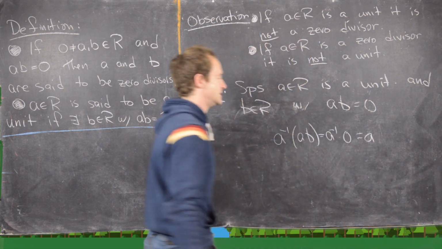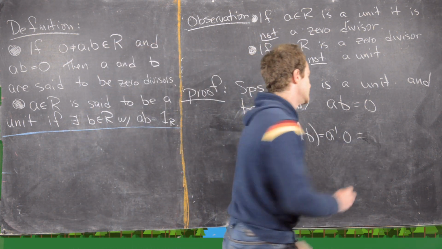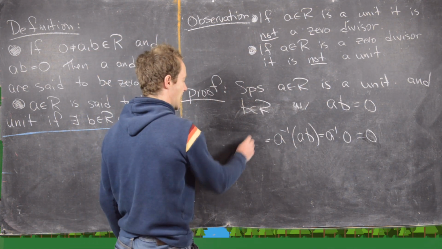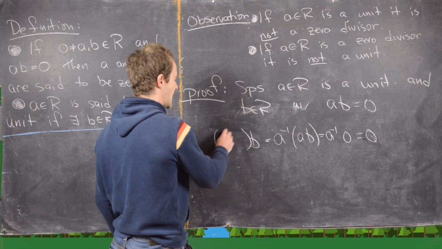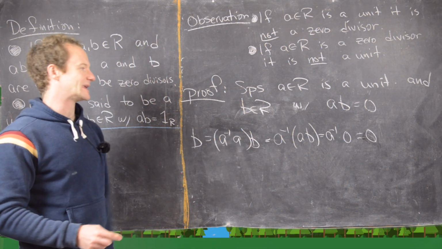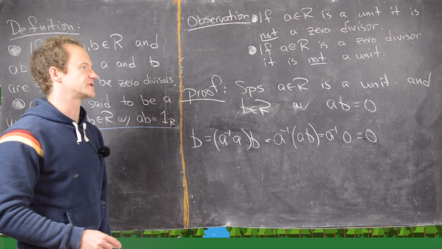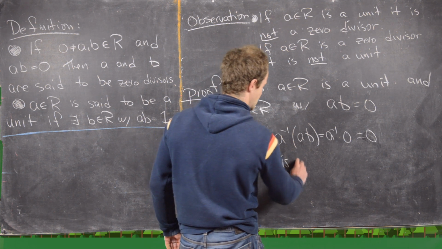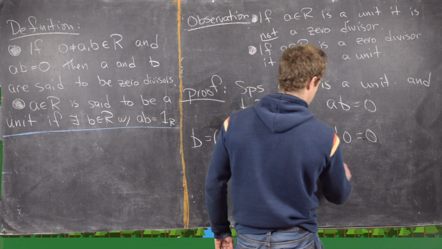But A inverse times 0 is just equal to 0. And then we can reassociate here, and that will turn into B, A inverse times A, which is just equal to B. So notice what we gained here is we gained B equals 0. So it follows from that that A is not a 0 divisor.